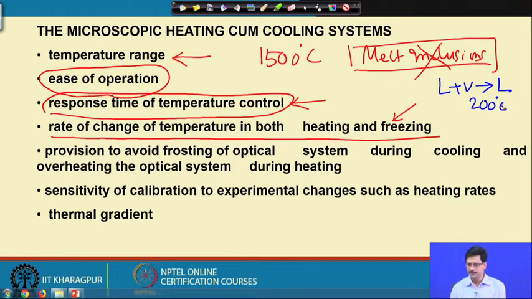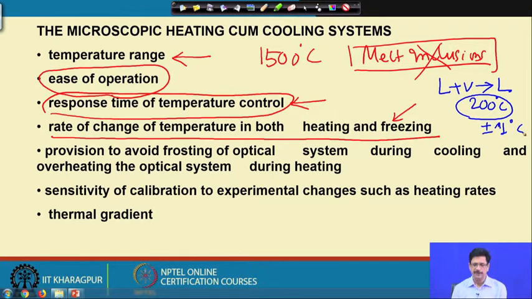Now, if the rate at which we are heating the sample is too fast, then reproducing the value at 200 degrees centigrade would be very difficult. So, we need a very optimum heating and freezing rate, so that we should be able to reproduce this particular value to plus minus 1 degree centigrade, which would be acceptable.